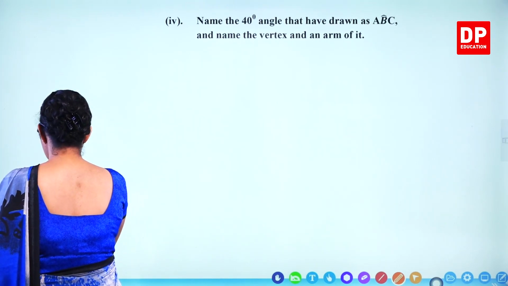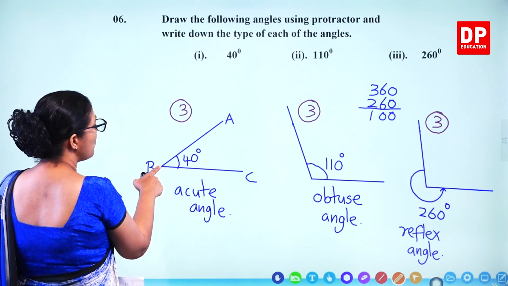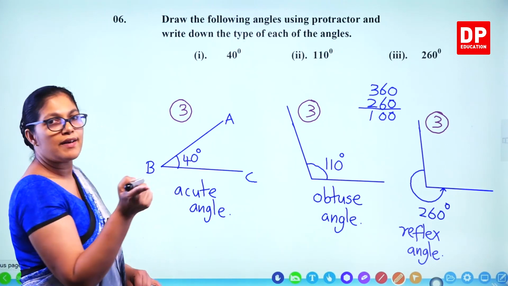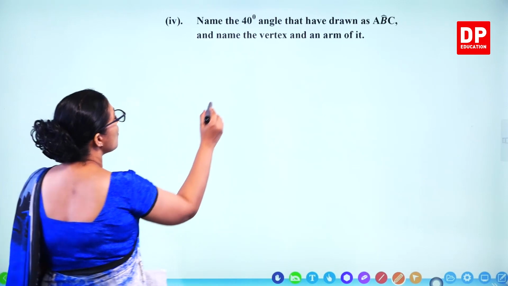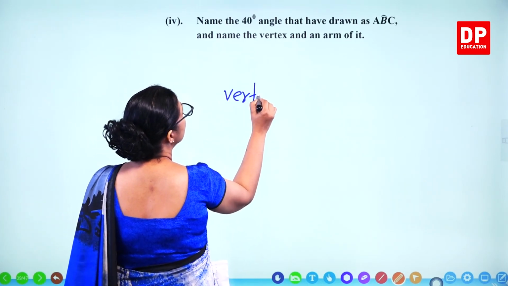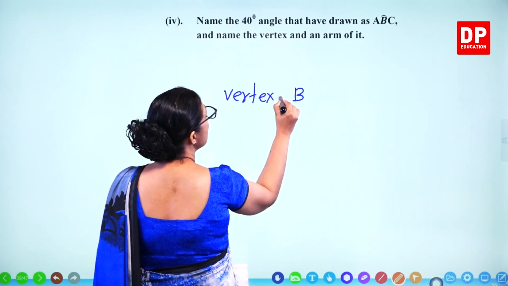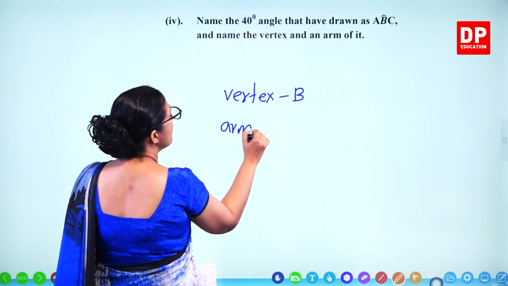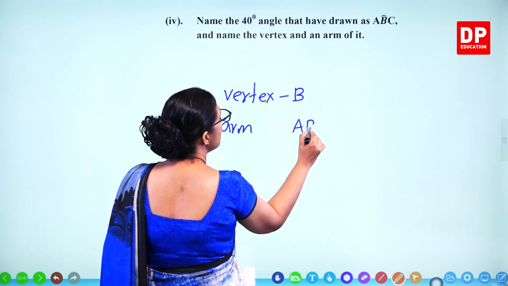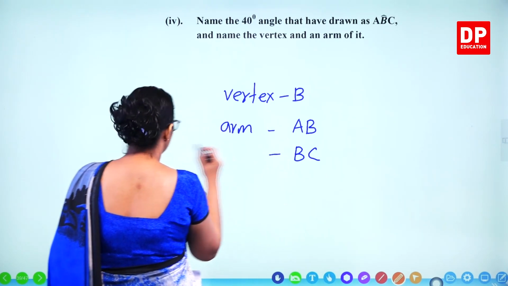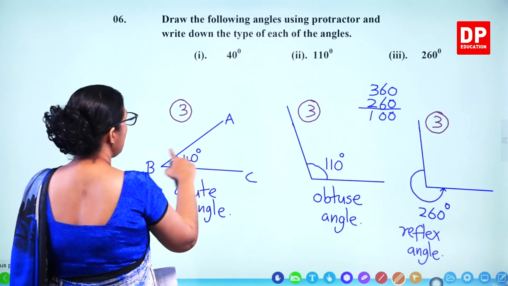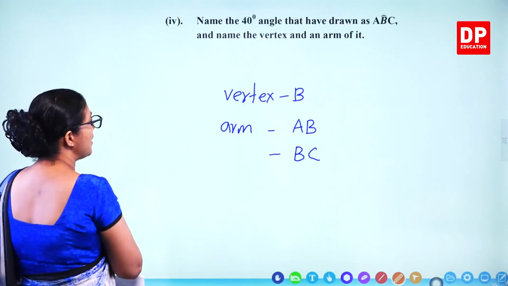What's the vertex? Vertex is B. Arm, you can either write AB or BC. Vertex B, and arm either AB or BC, or BA.